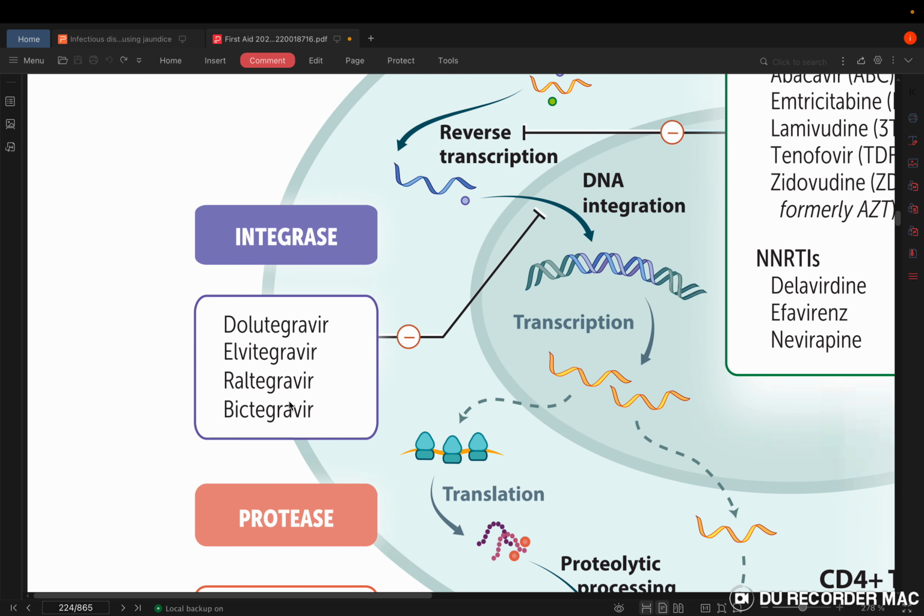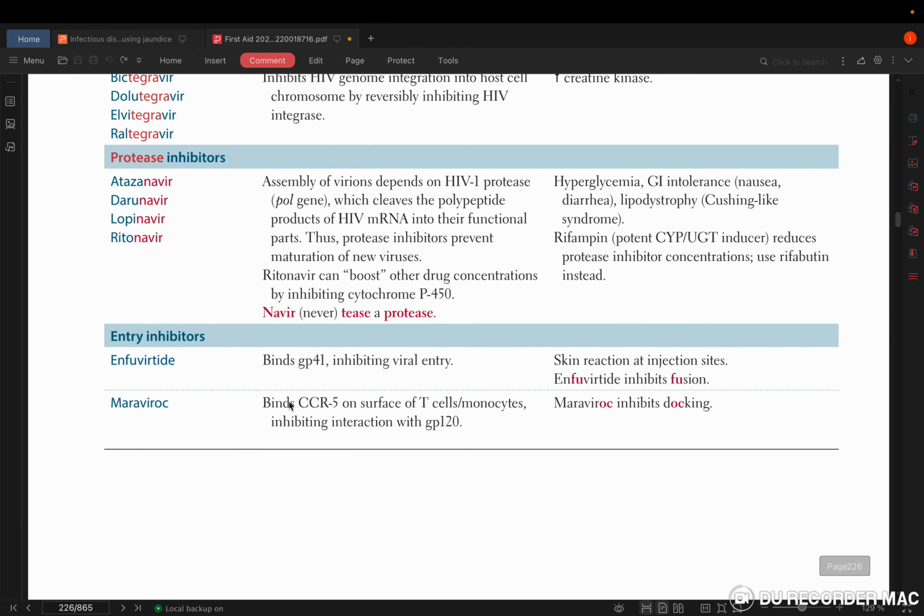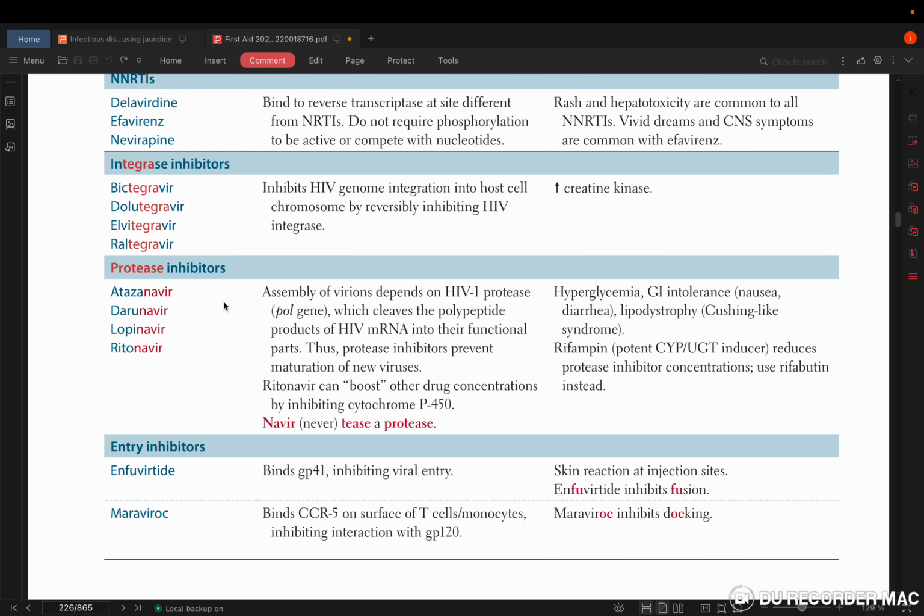And all of these -tegravirs basically help it to do that. So we must inhibit it. They inhibit the HIV genome integration into the host cell chromosome by reversibly inhibiting the HIV integrase. They increase the creatine kinase, which can lead basically to myopathy.